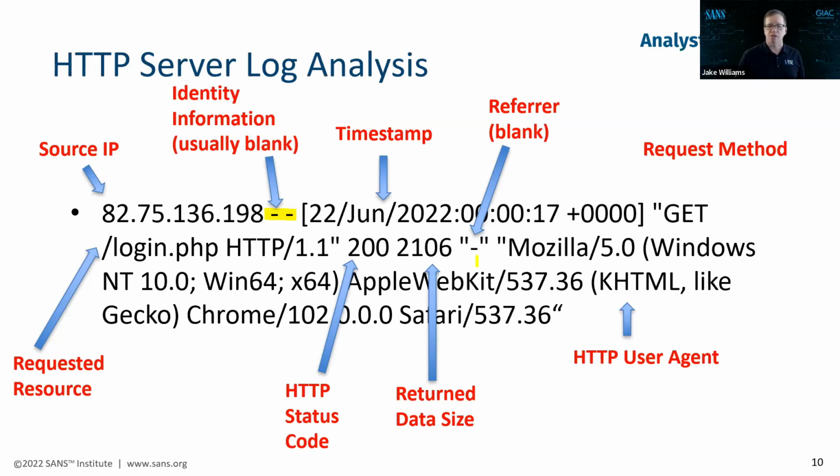In this particular case our referrer is blank too, shown with just the hyphen, so there was no referrer passed across. Referrer being what page we were on last. And then of course we've got our timestamp and our IP address, which I don't really need to drop into too much.